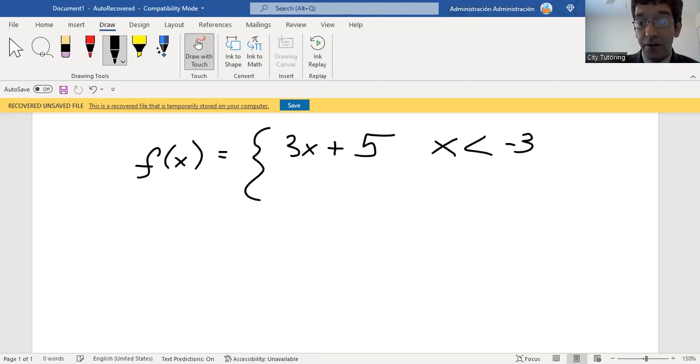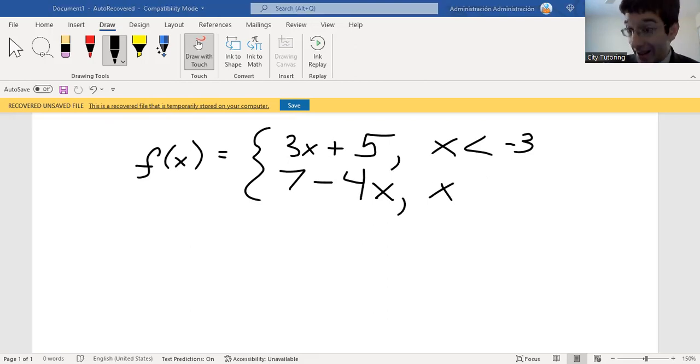And then 7 minus 4x, if x is greater than or equal to negative 3.